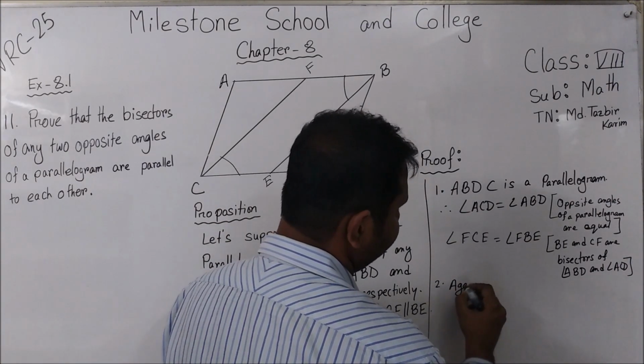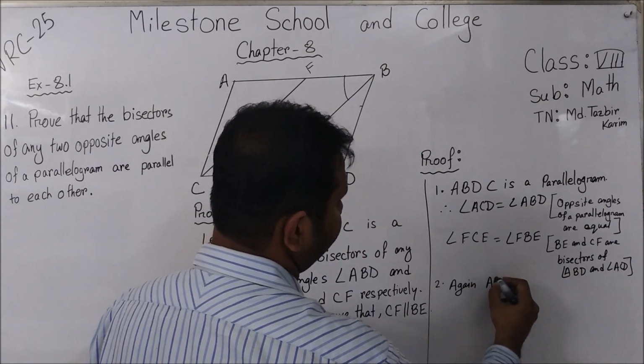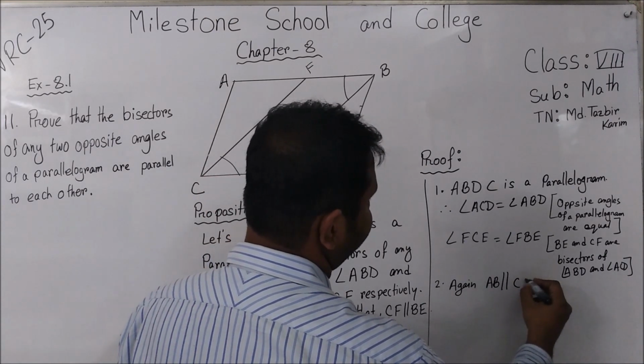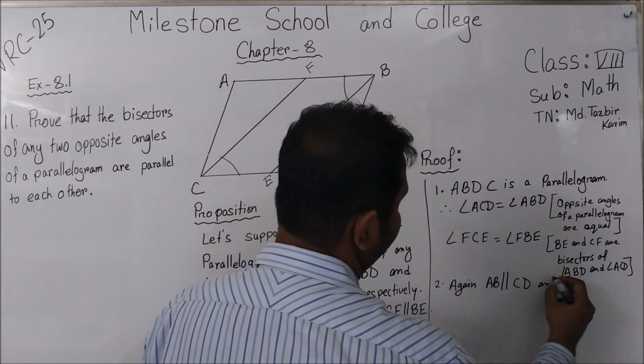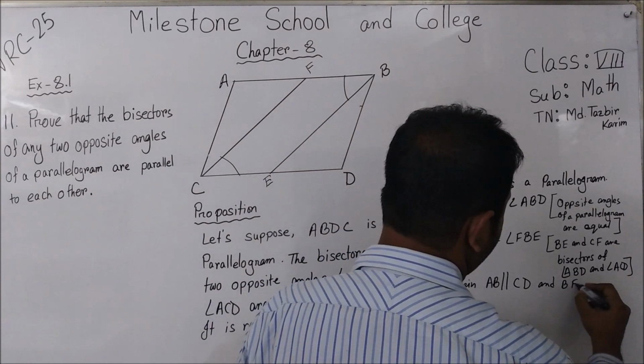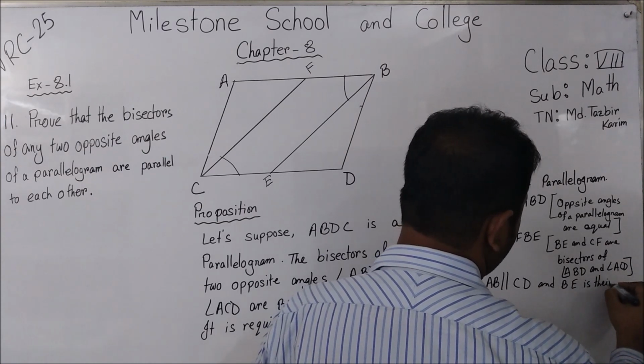Again, AB is parallel to CD and BE is their transversal.